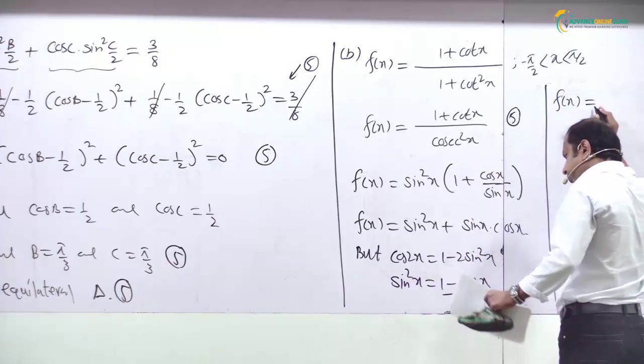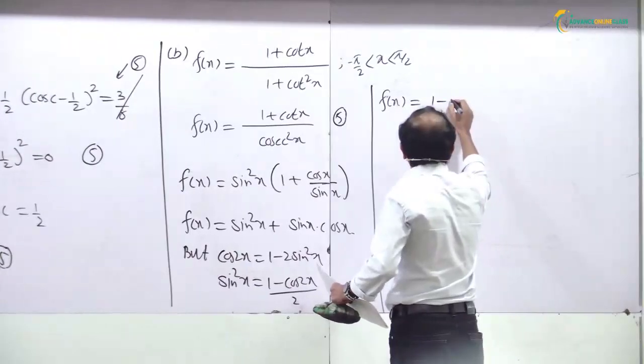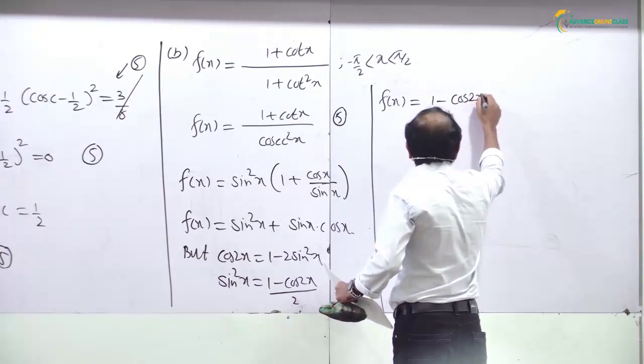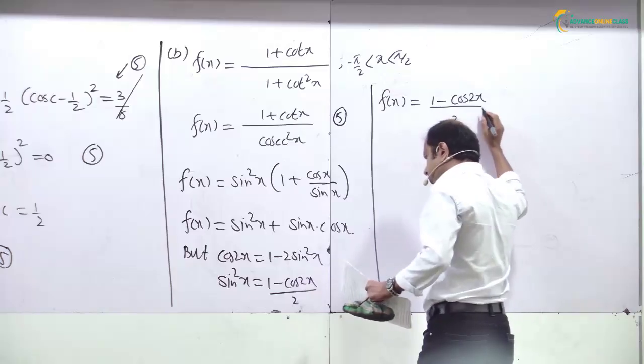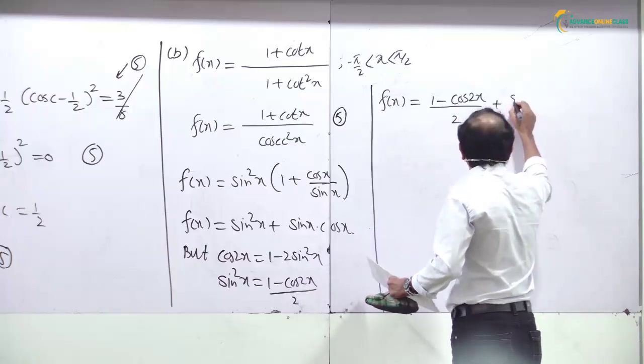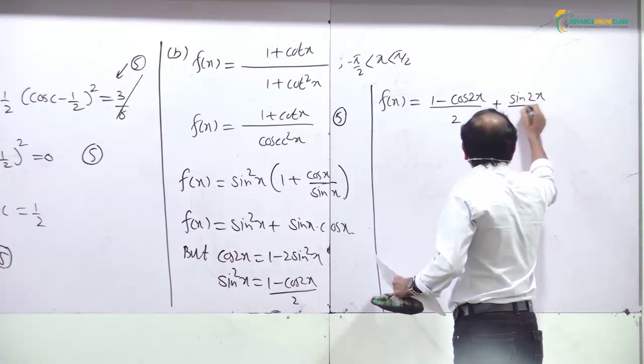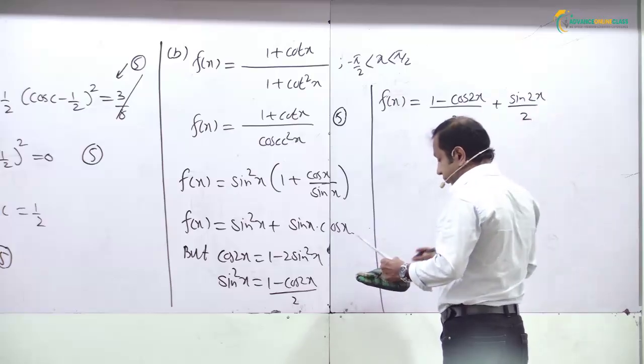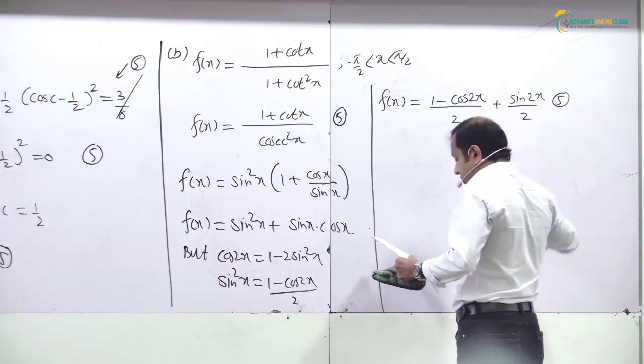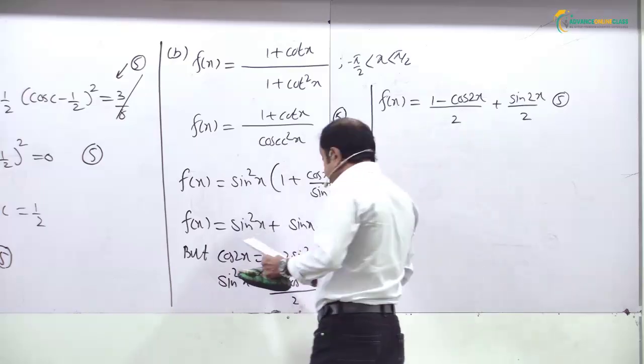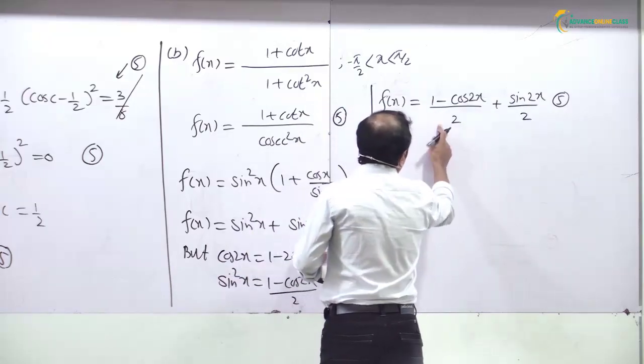So f(x) equals (1 minus cos 2x) by 2 plus sin 2x by 2. 5 marks, right? Okay. Then here 1 by 2 we have.